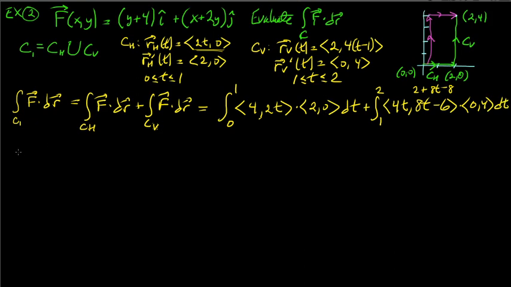All right, so now just take the dot products and then evaluate the definite integrals, right? So the first dot product is just 4 times 2, which is 8, right? And then 2t times 0 is 0, so 8 plus 0 is just 8. And then T goes from 1 to 2. 4t times 0 is 0.